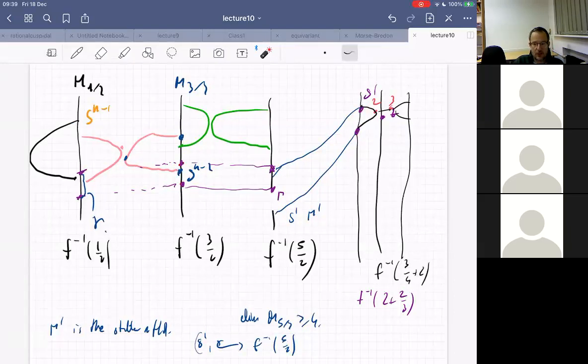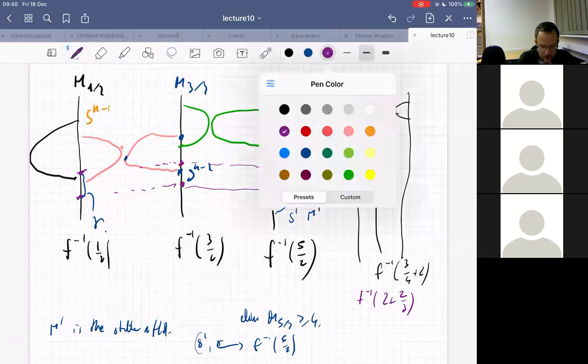Are we using some theorem from the previous lecture at this point? Not yet. This is a theorem that two embeddings of S1 into four-dimensional space are isotopic. This is a variant of Whitney's embedding theorem, the theorem that any abstract manifold can be embedded in Rn.